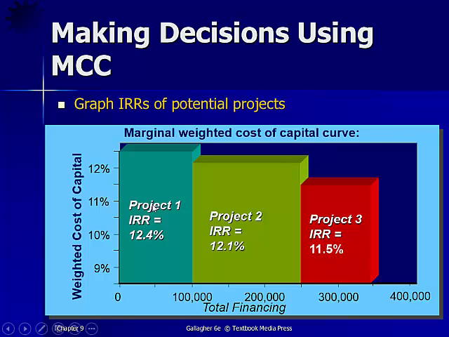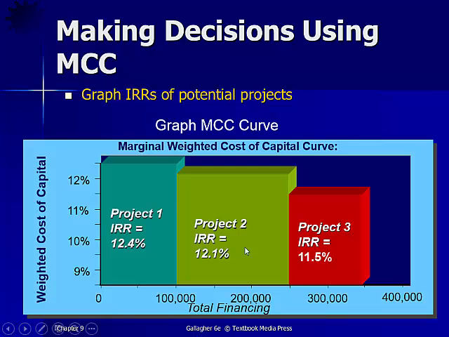We're going to look at that in Chapter 10 in more detail, but I think it's pretty straightforward to suggest that there is a rate of return that we could ascribe to a given project: 12.4% for Project 1, 12.1% for Project 2, 11.5% for Project 3. The height of each of these bars tells us what that internal rate of return is. The width of each of these bars tells us the dollar cost of that particular project.